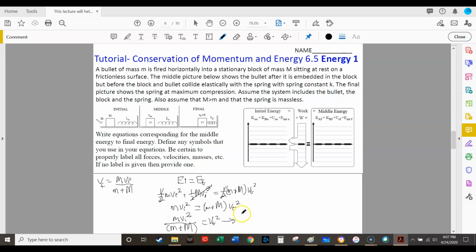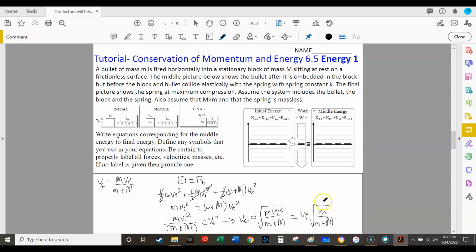Taking the square root of both sides, the final velocity is equal to v_i times the square root of small m over (little m plus capital M).